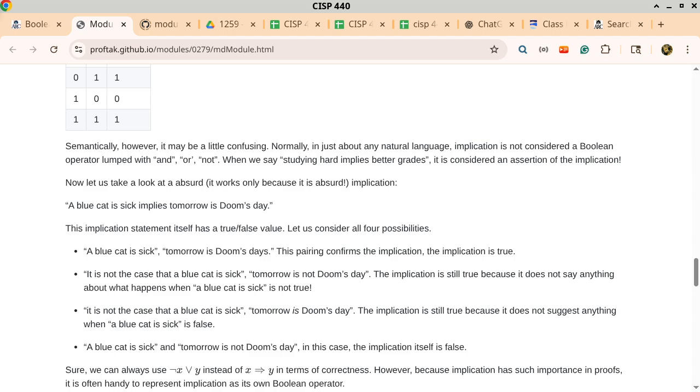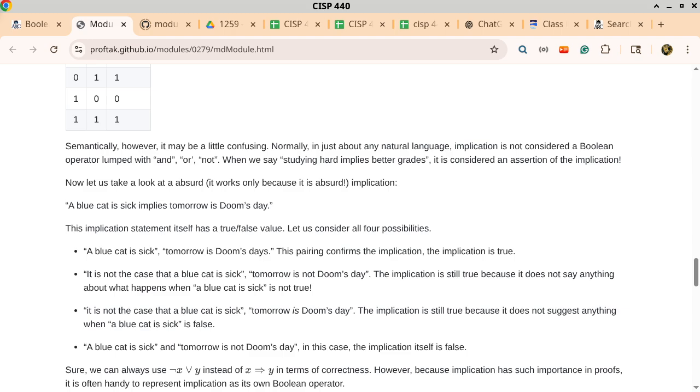Are we good so far? All right. So that explains this one and also this one, because in both of these cases, a blue cat is not sick. So that means this statement cannot say anything. Anything can happen tomorrow. You cannot get your money back. So the only time you can get your money back is when a blue cat is sick and tomorrow is just the same as usual. It's not doomsday.